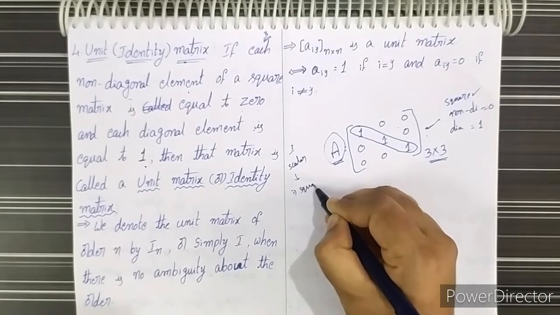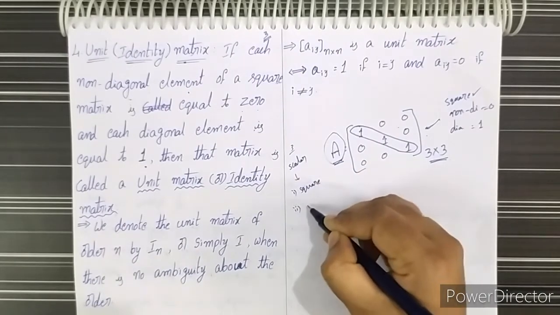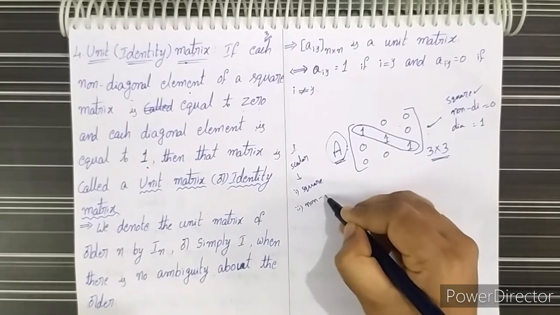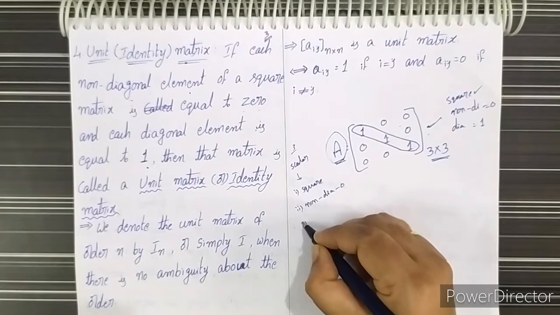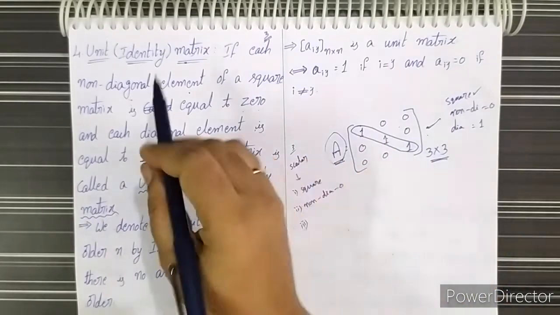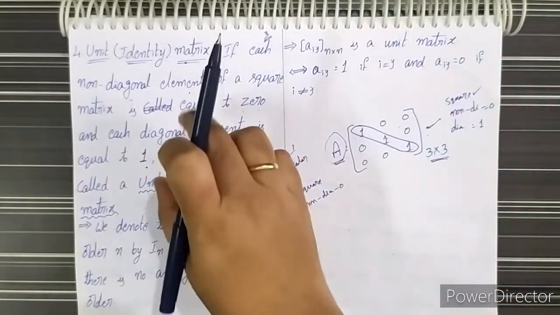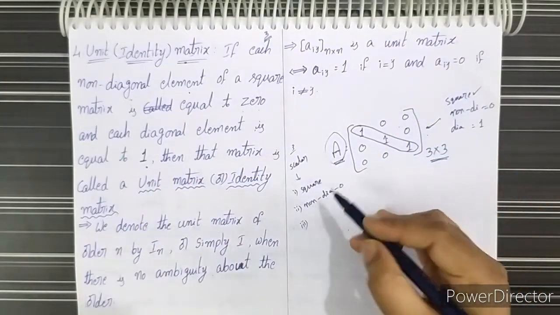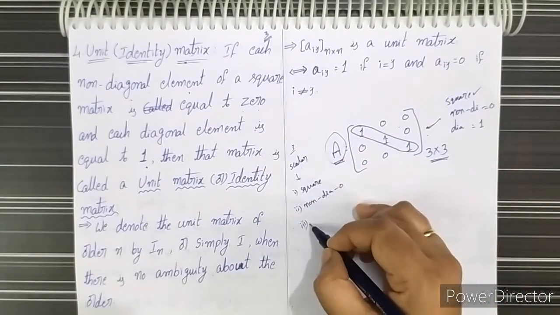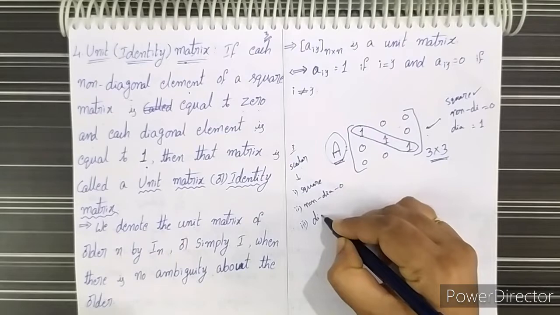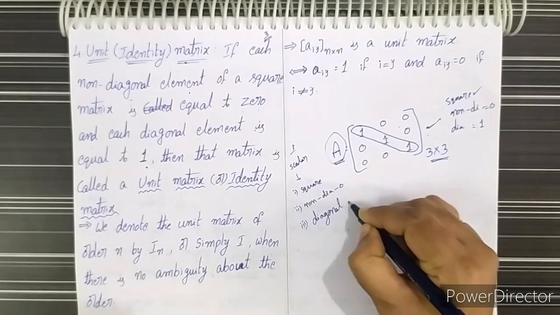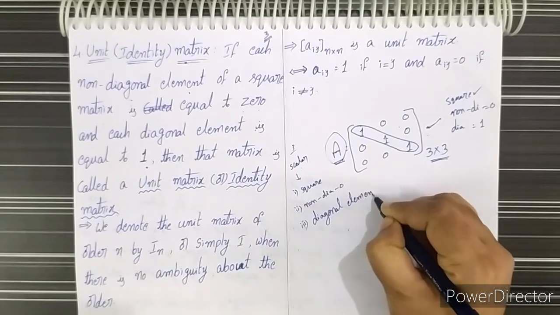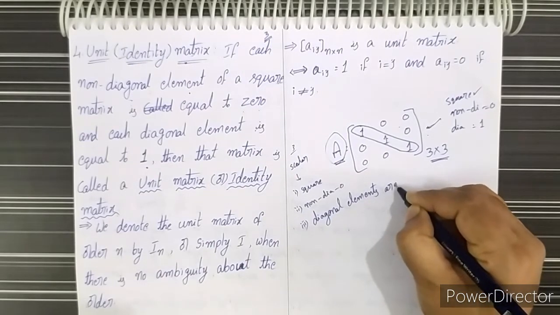First, the given matrix is a square matrix, second, non-diagonal elements are equal to 0, and the third point is different from scalar matrix to unit matrix. In scalar matrix, the third point is that non-diagonal elements are 0 and diagonal elements are equal to each other only.